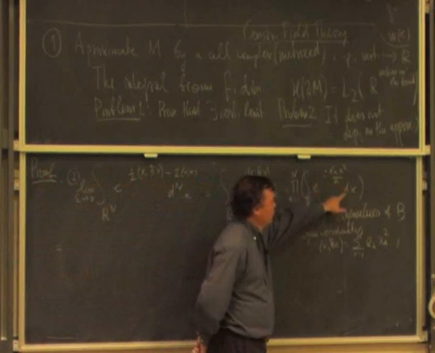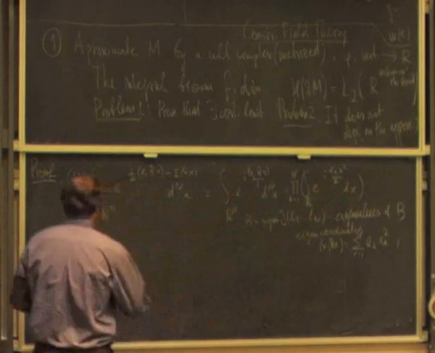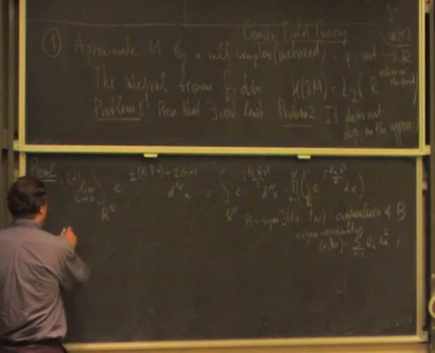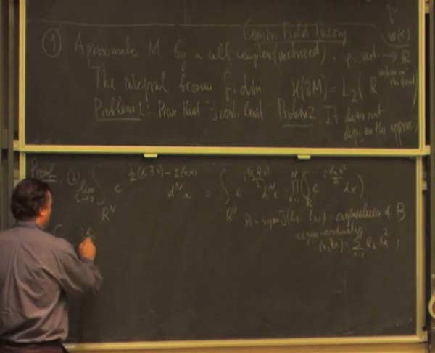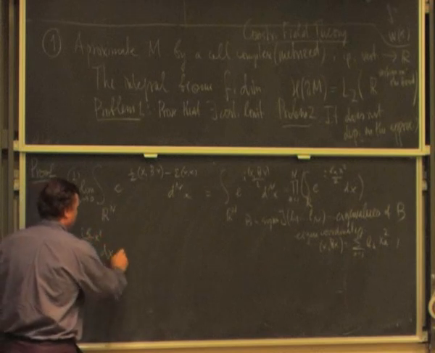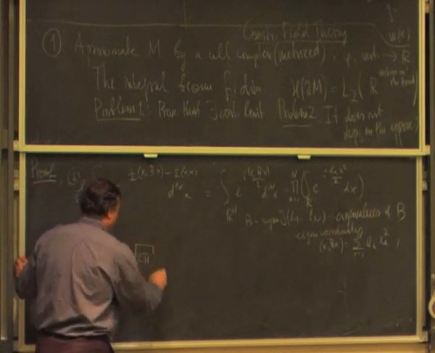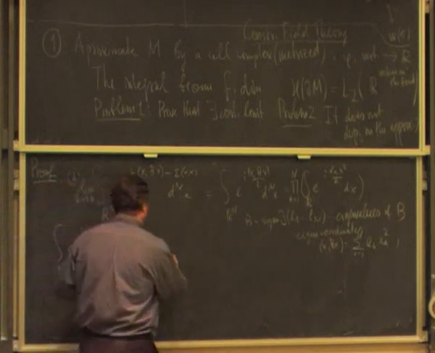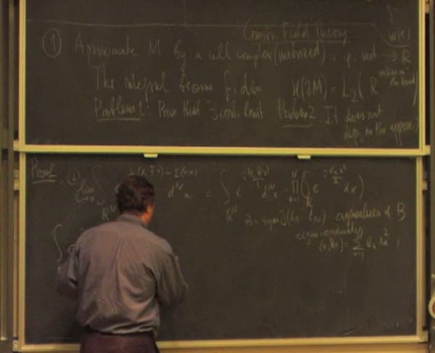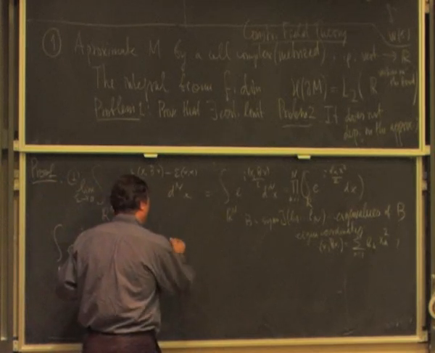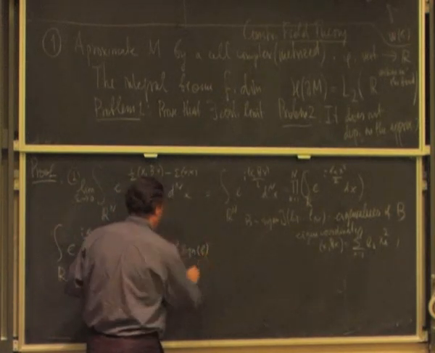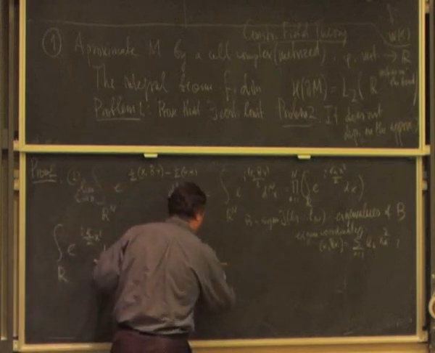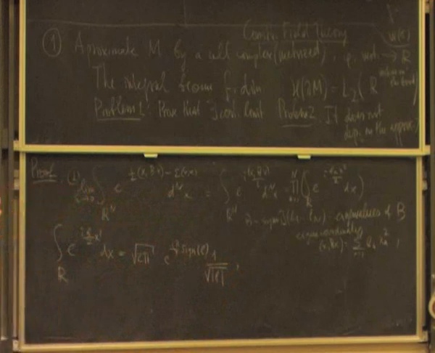And then depending on the sign of b, the integral over R of e to the i b over 2 x squared dx is equal to the square root of 2 pi, and then e to the i pi over 4 times the sign of this number b, divided by the square root of the absolute value of b. That's just an elementary exercise.